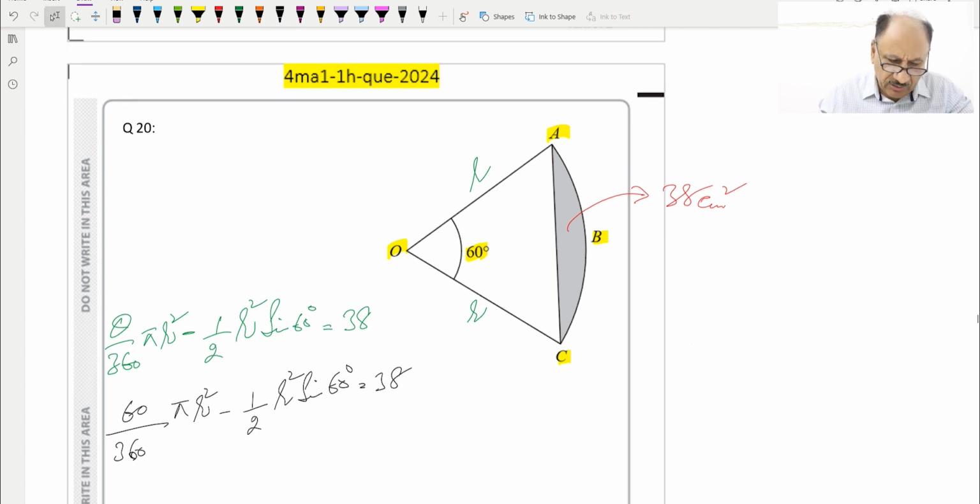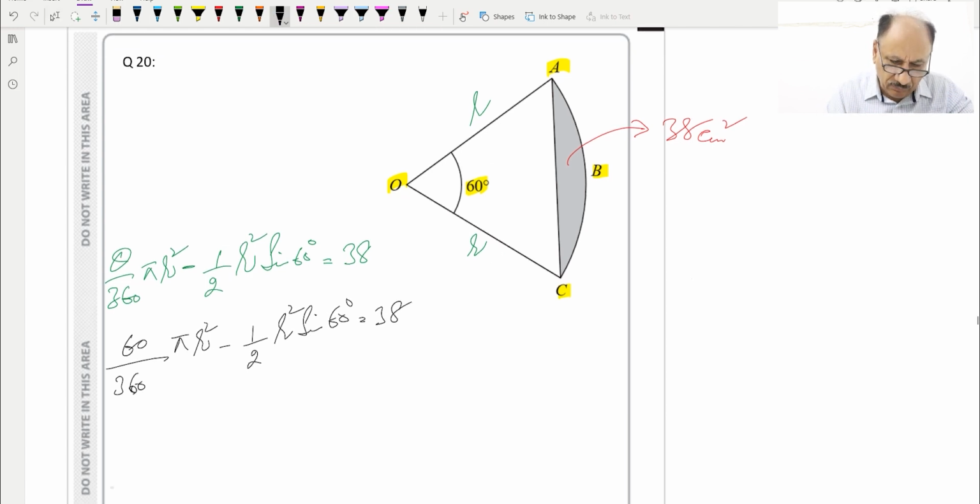Now further we can take a common from these two sides. We can take r square common and the remaining will be what? 60 over 360 will be, we can write pi by 6, minus 1 by 2 sine of 60 degrees in brackets, and r square we have taken common and the other side will be 38.